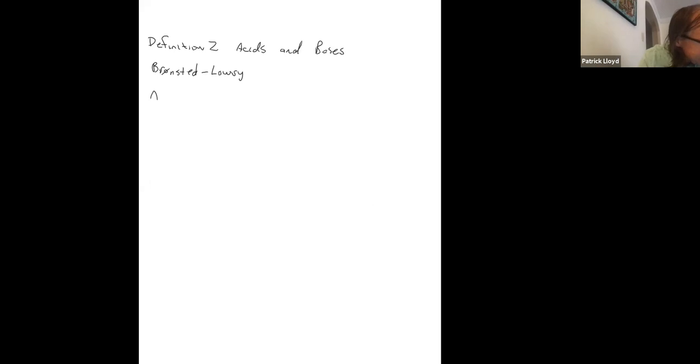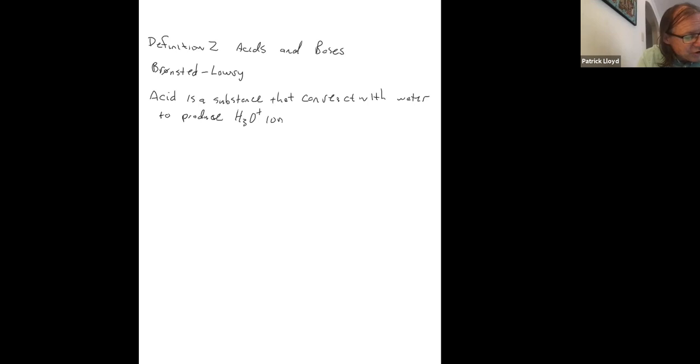In this case, the acid is a substance that can react with water to produce the H3O plus ion, which is called a hydronium ion.